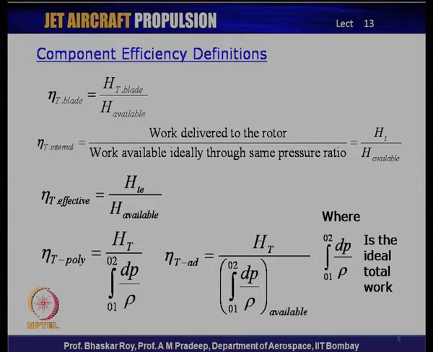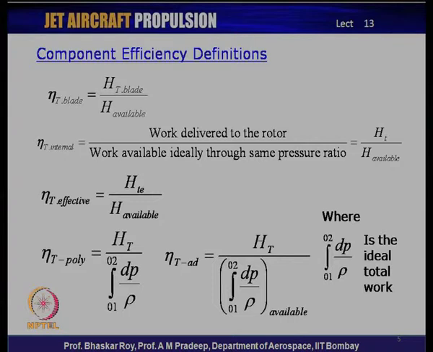Now, this is given as H available and this is, of course, the H that is available to the rotor. The effective efficiency is the HT effective turbine work with reference to the H available, and this includes some of the losses that we have talked about, and a slightly different efficiency can be configured out of those values if they are available.